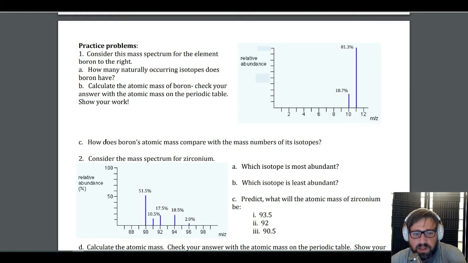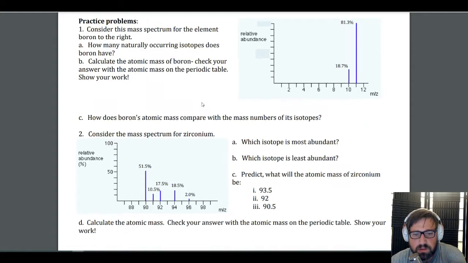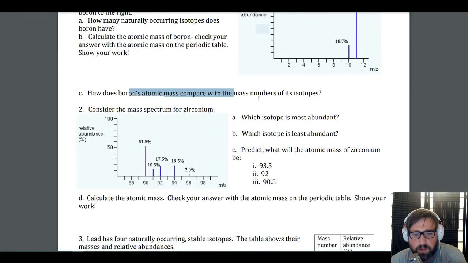I guess you could say that the atomic mass is the weighted average of its mass numbers. That would be how I would go about explaining this. That's how I would compare the two. There's a smaller amount of 10 and a larger amount of 11. So the atomic mass would be between but favoring the larger number.